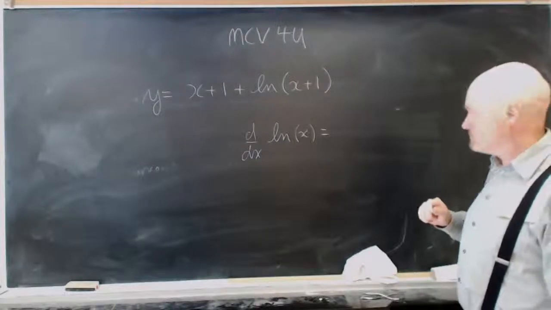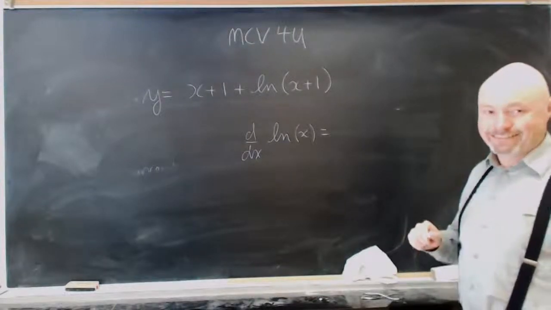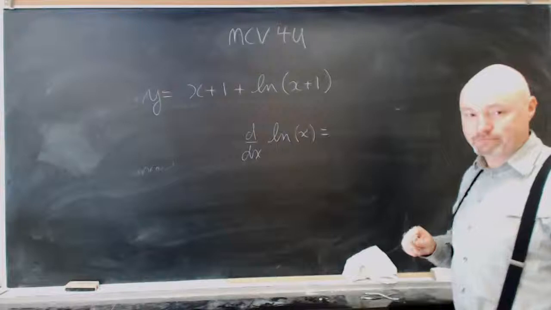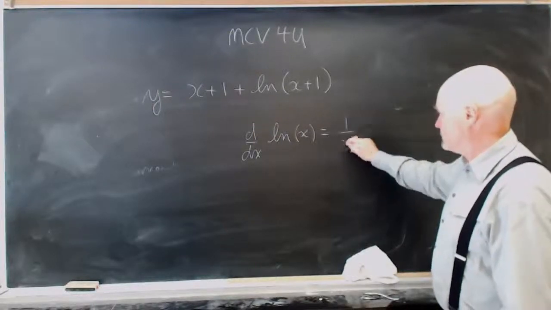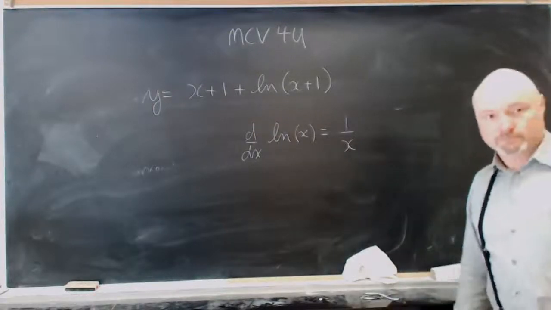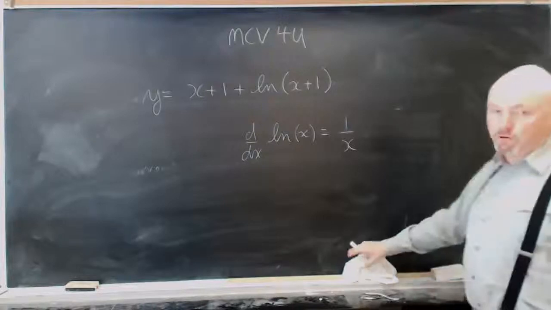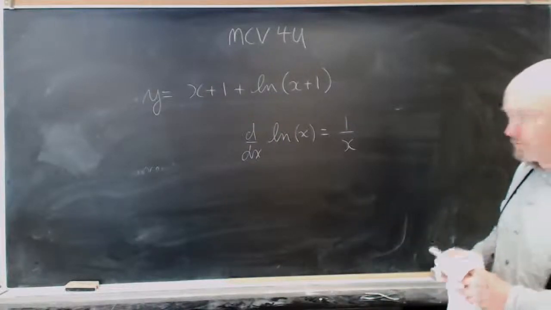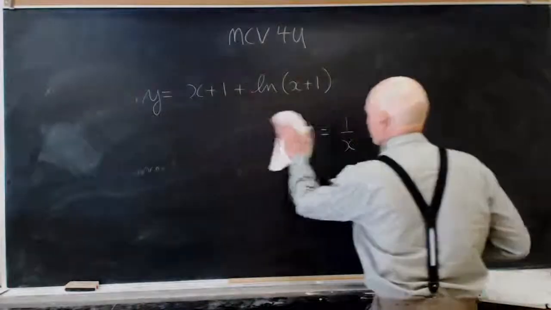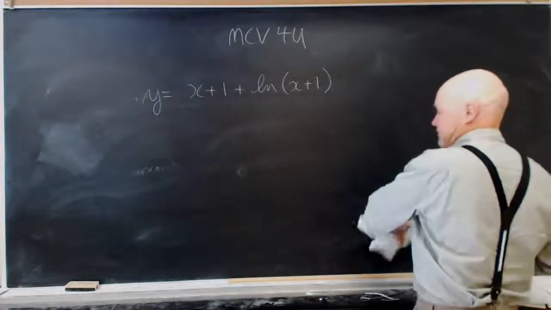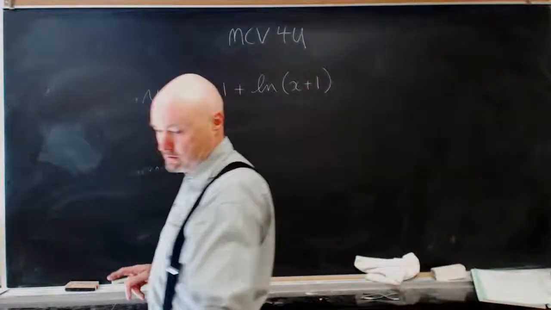E to the power of x. No? Or what? No? Oh, okay. Yeah. It's 1 over x. So when we're doing derivatives, we wind up doing a 1 over x thing. Okay.